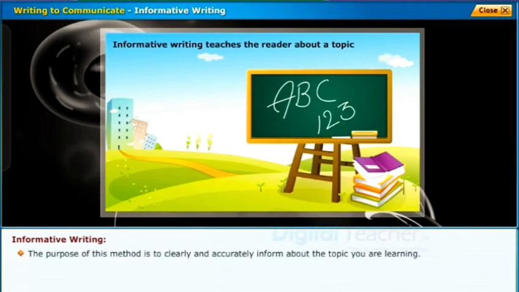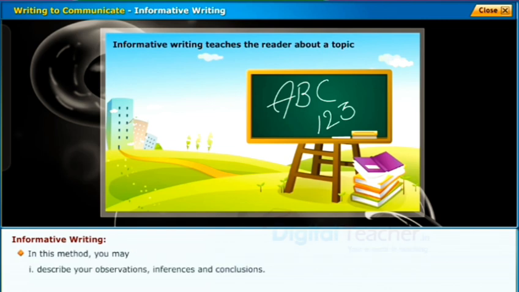The purpose of this method is to clearly and accurately inform about the topic you are learning. In this method, you may: 1. Describe your observations, inferences, and conclusions. 2. Explain how to perform an experiment.